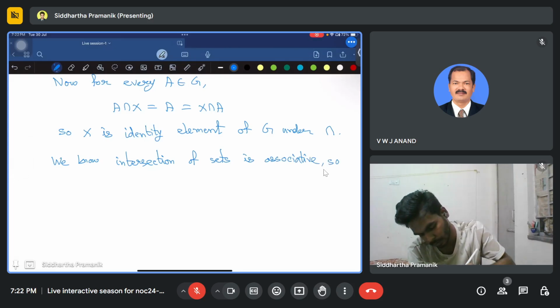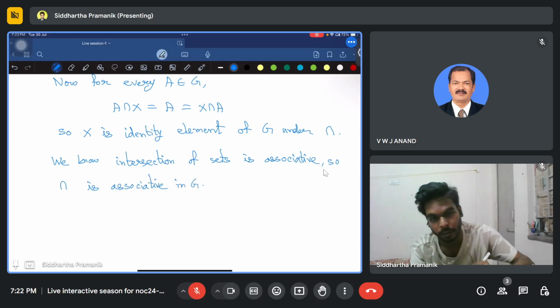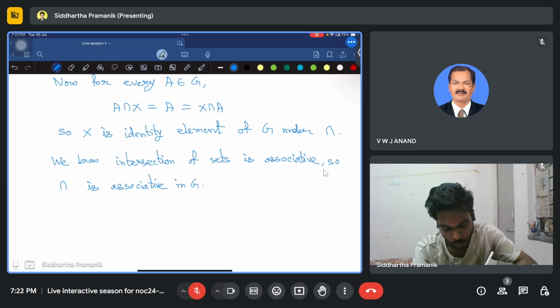So intersection is associative in G. So out of 4, three properties are holding, right?